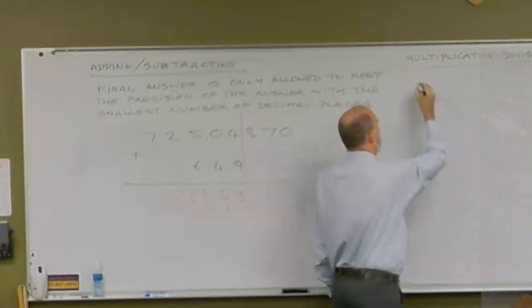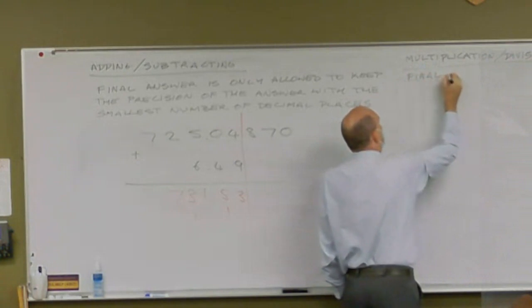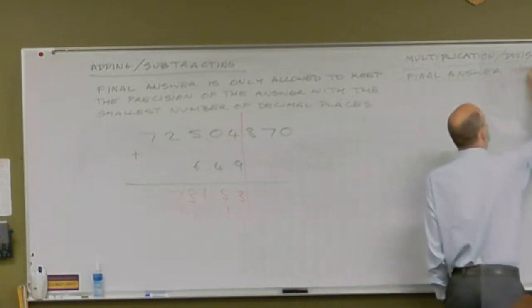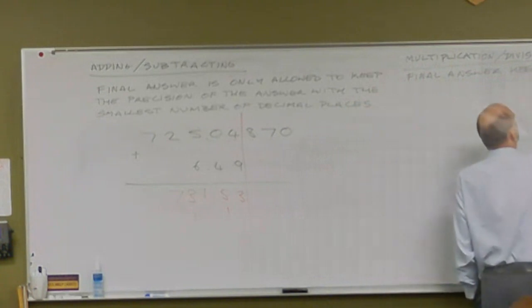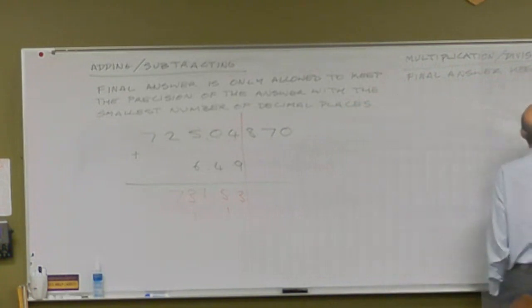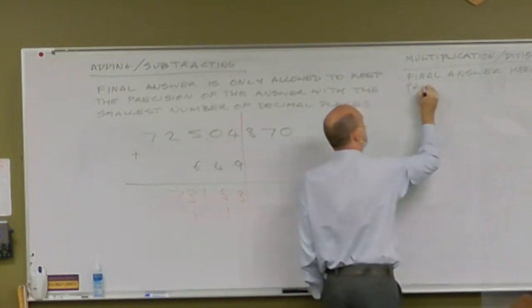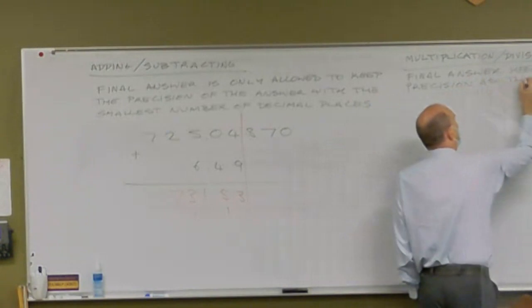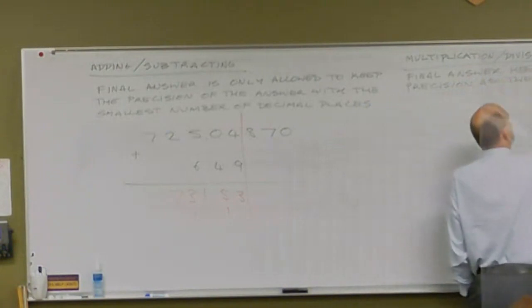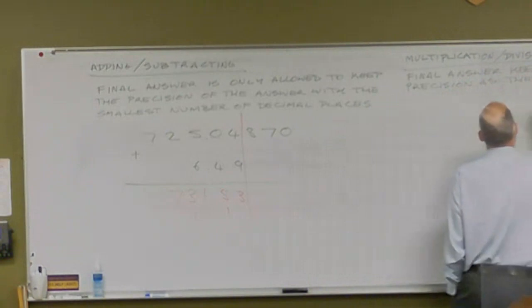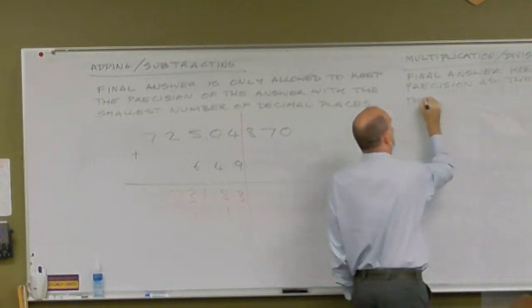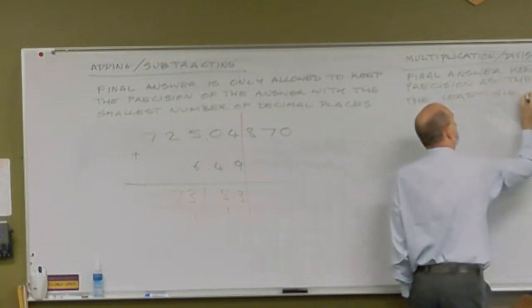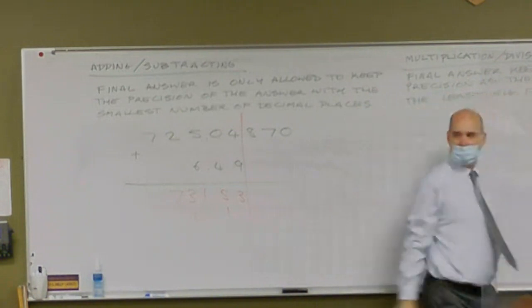In multiplication and division, the final answer keeps the same precision as the value with the least significant figures.